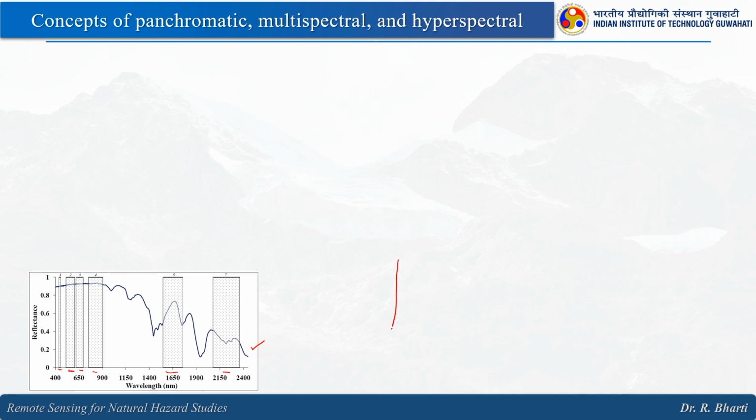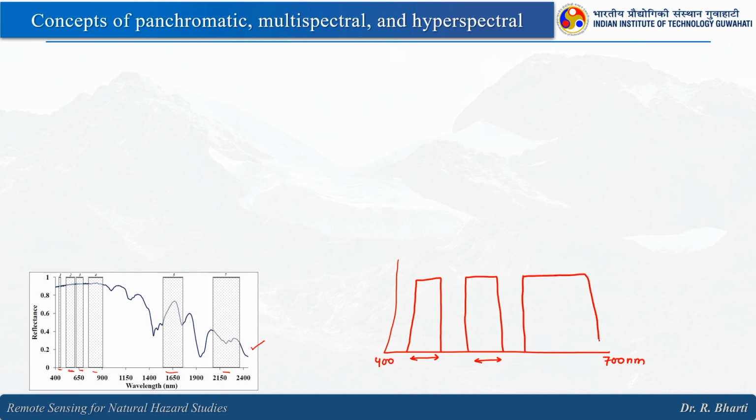And I also explained in the previous lectures, let's say this is 400 to 700 nanometer, right? And if I design a satellite or sensor which can capture one image using this wavelength range, one image can be generated using this wavelength range and another can be using a broad wavelength range, right.